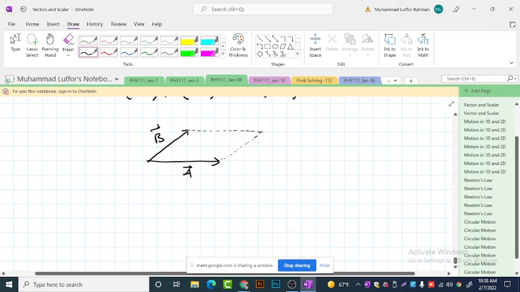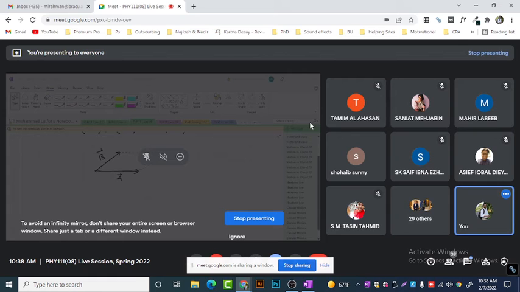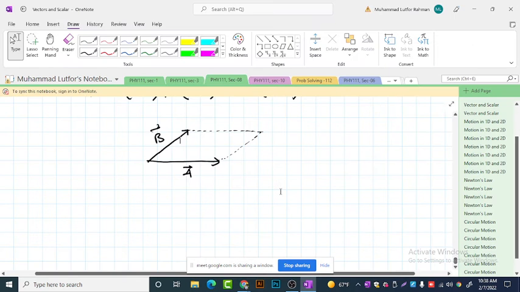Say if I take the cross product of these two sides of this region, what will it give me?